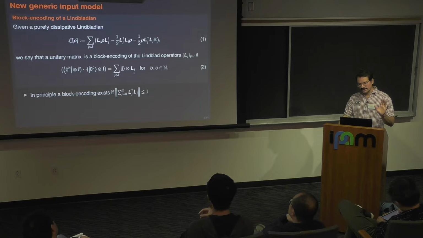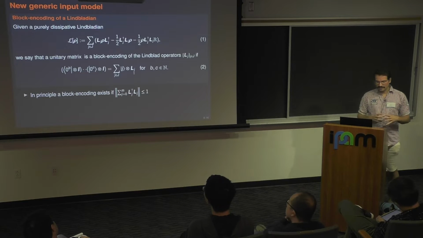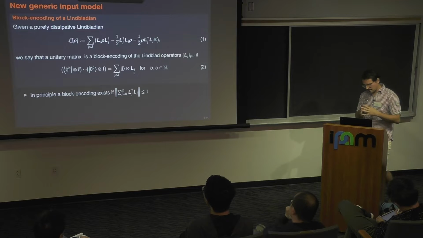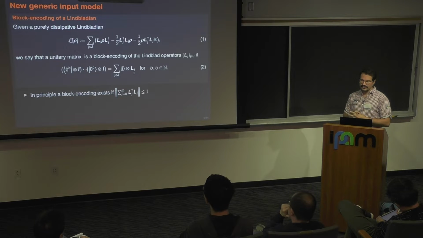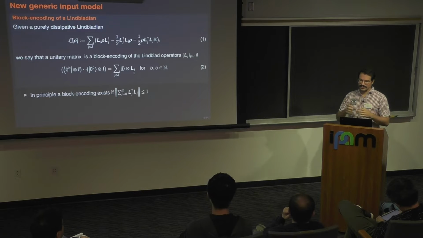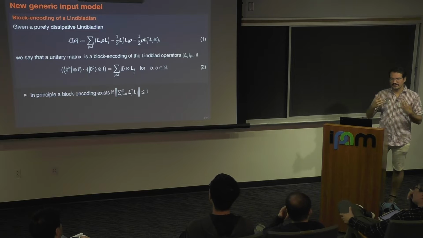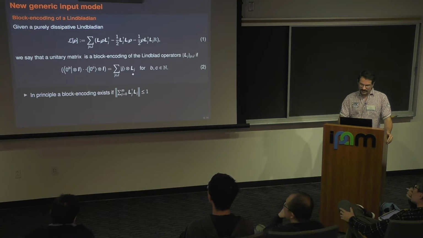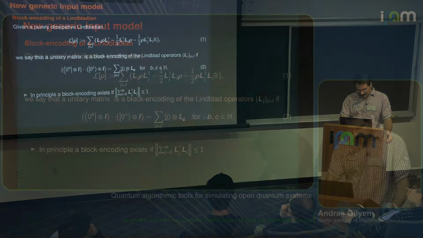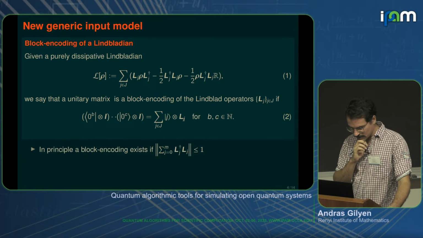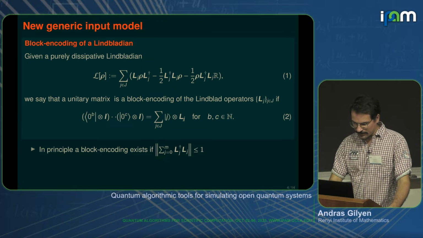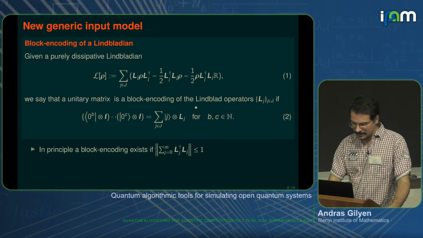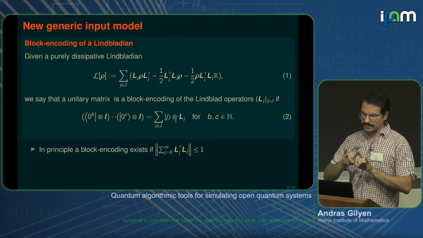But one thing to note here, as the general restriction on block encodings, is that whatever operator you block encode must have operator norm at most 1. In principle, as long as an operator has operator norm at most 1, you can always find a block encoding. In this picture, it just means that you can take this matrix and multiply it with its adjoint.